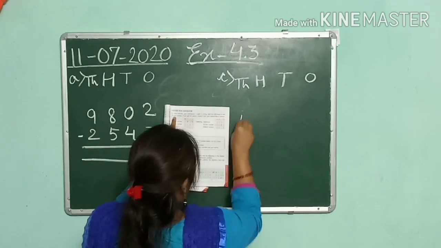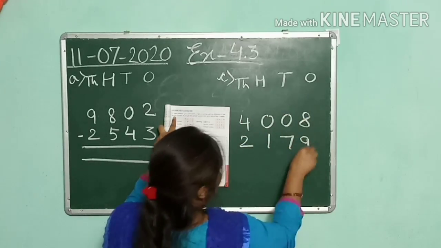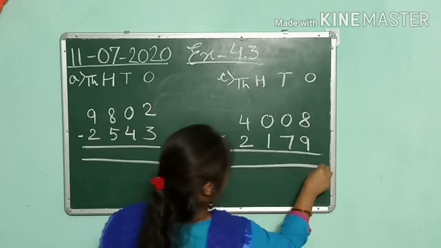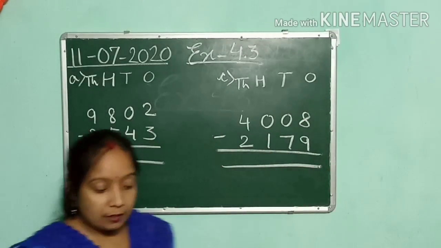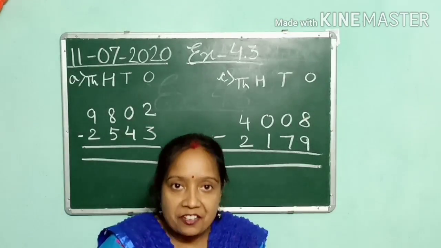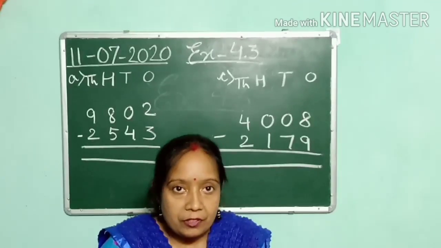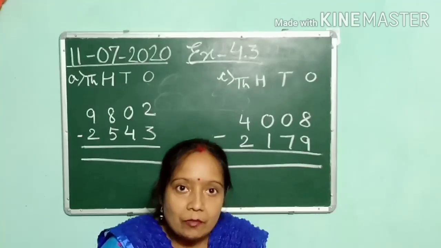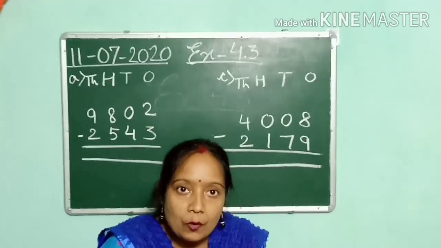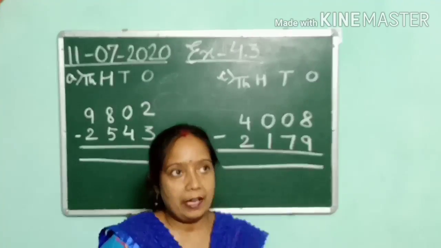And here again, you have to subtract 4,008 and 2,179. Now, children, here what we will do? Yes, we will start subtraction from the digit at the ones place. Okay. If the top digit is not greater than the bottom digit, then what we will do? The ones digit will borrow from the tens digit. I hope it's clear. Okay, let's start.